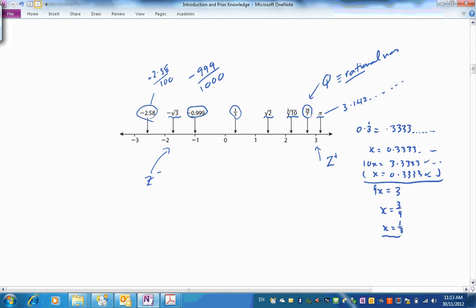So recurring decimals through this sort of treatment can be shown to be rational if the decimal recurs.